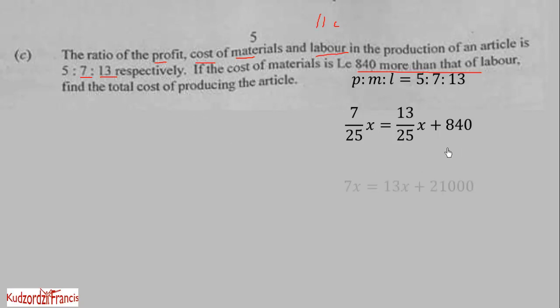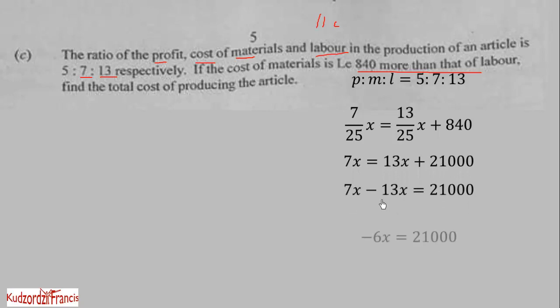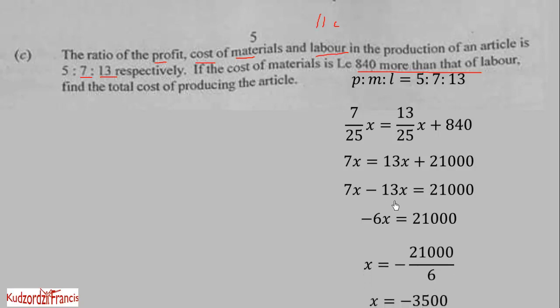Now this is a linear equation that we can solve, and you are going to get a negative result. So this rate should have been less. If it were less, then you would have gotten a positive result. So that is it.